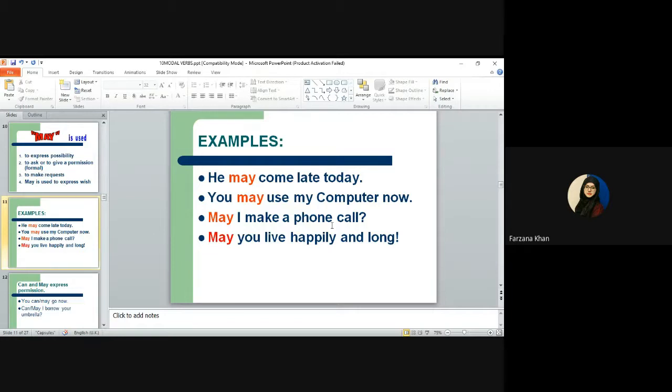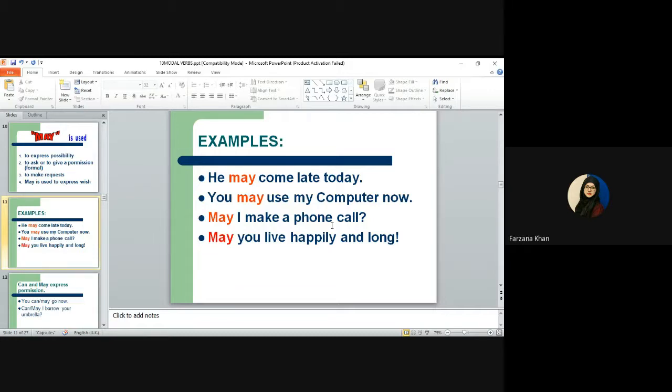Teacher, may I come in? So when you use may, you are getting permission in a proper formal way. Similarly, when you are giving permission to someone, you can say you may come in, you may use my phone, you may use my computer, you may take my book.